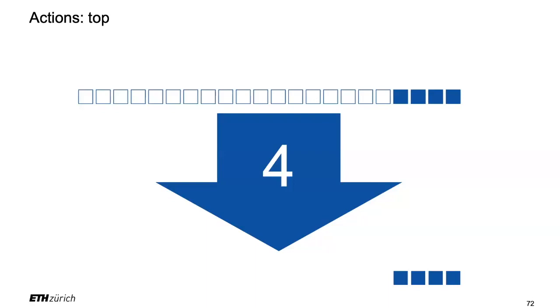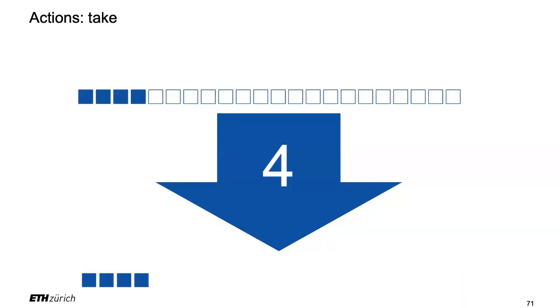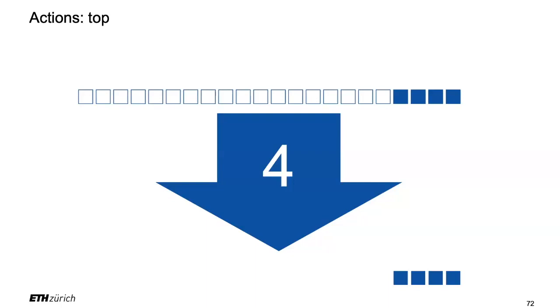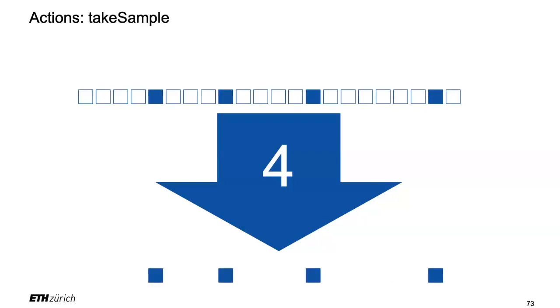And if you consider that the last ones would be the top of the stack, this is why it's called that way. But anyway, you could also have called it last, right? Basically the last 4 of the RDD. Okay, so they are almost the same, but the order here is important.